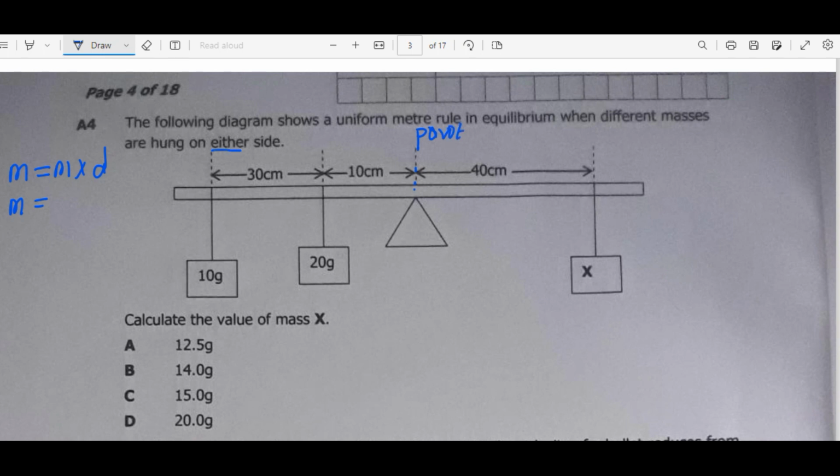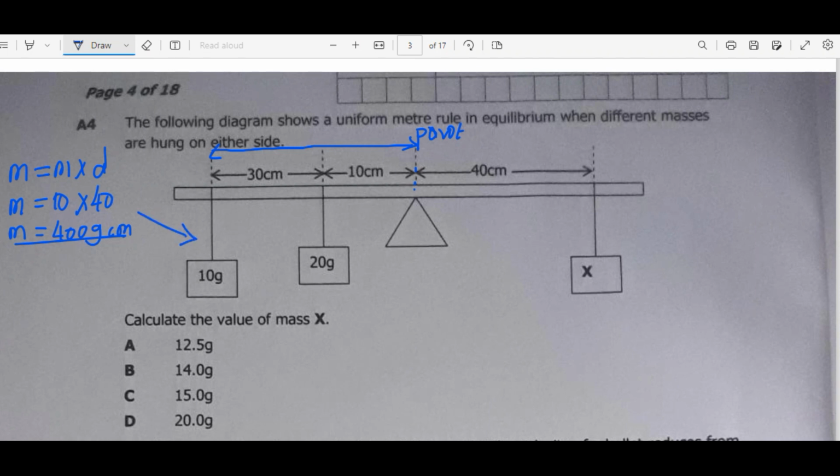So the distance from here up to here will be the distance for 10 grams. So 10 times, so what you do, 30 plus 10, we get 40. So 40 times 10 is 400 gram centimeters. So this is the moment for this one.